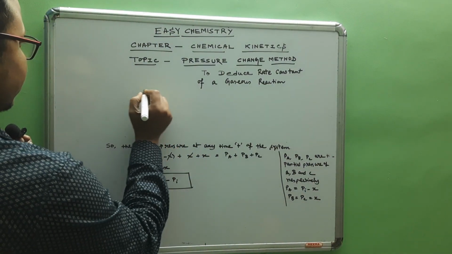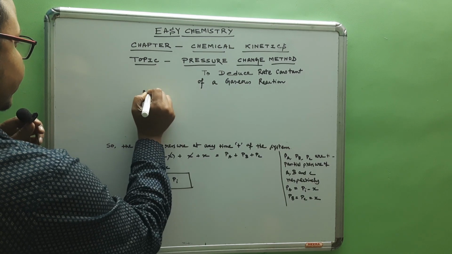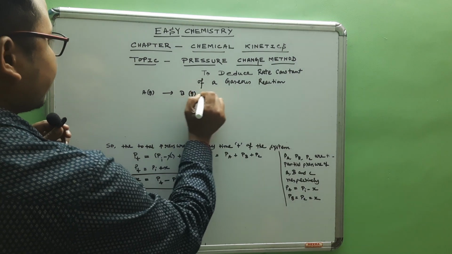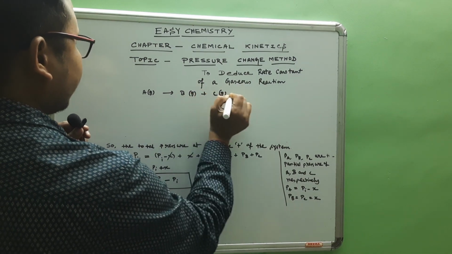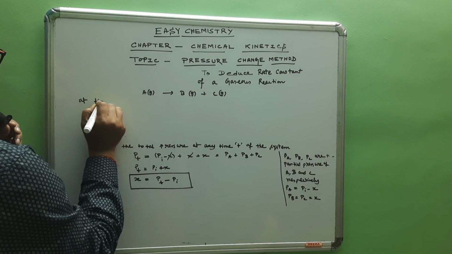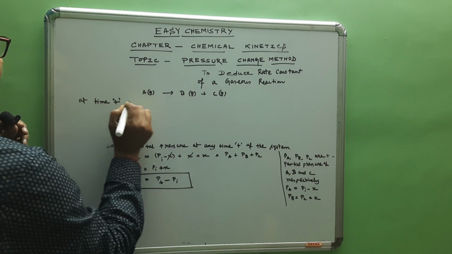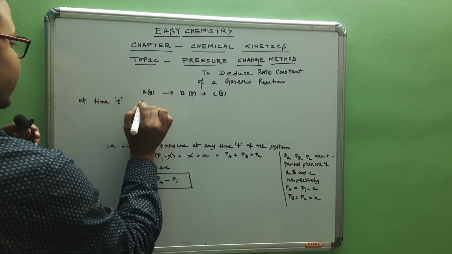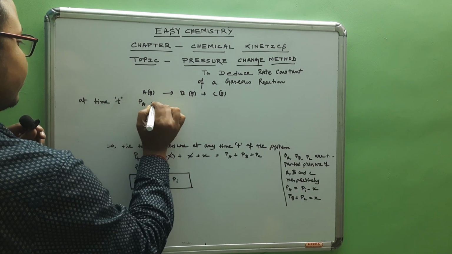So what is our reaction? Our reaction will be like this: A, B, C. So at time t, the partial pressure of A, that is Pa. What is Pa?